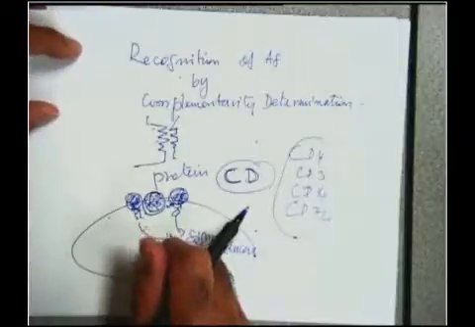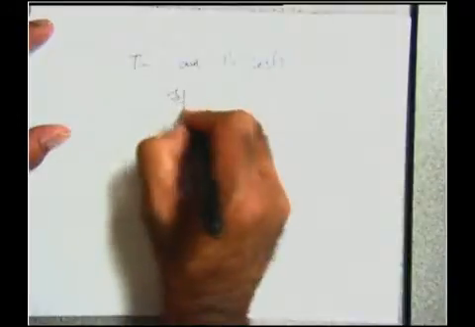So in other words, T cells and B cells are the special army troops, right?